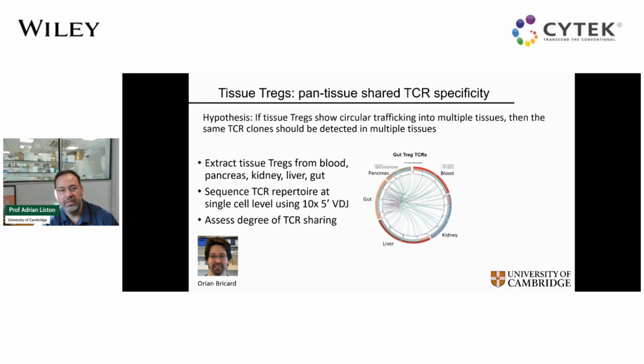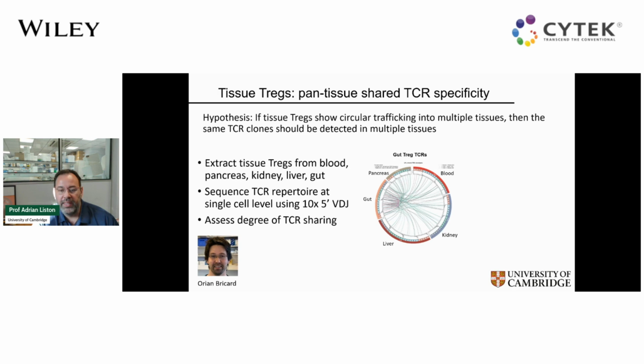We then did single cell sequencing using the 10x VDJ sequencing protocol that allows us to get TCR alpha and TCR beta chains at a single cell level. And then we can look at how much sharing we see for regulatory T cells in one tissue compared to regulatory T cells in another tissue.